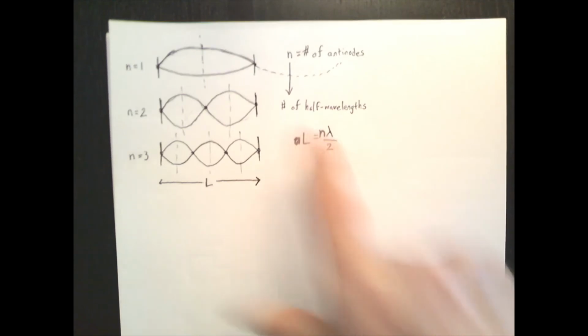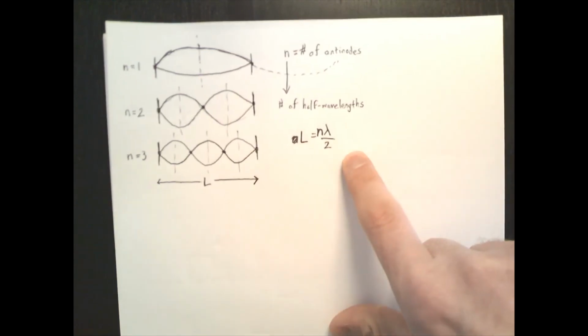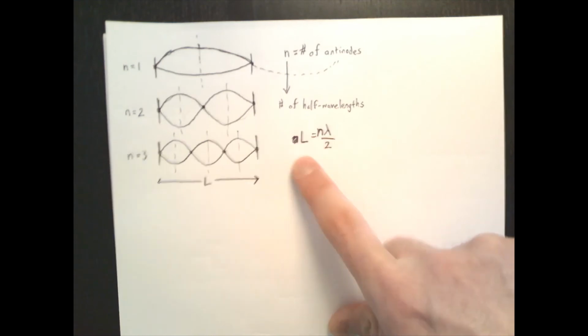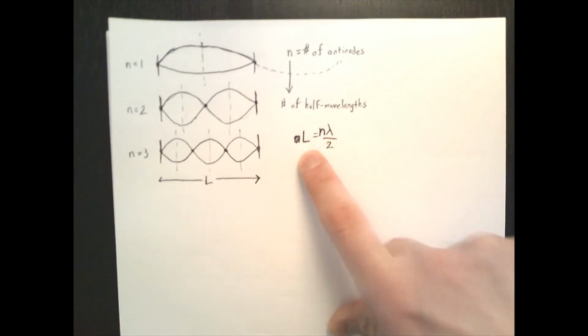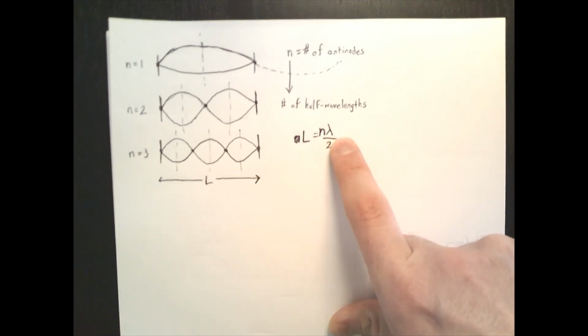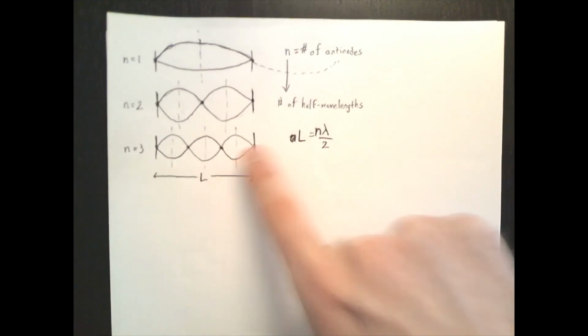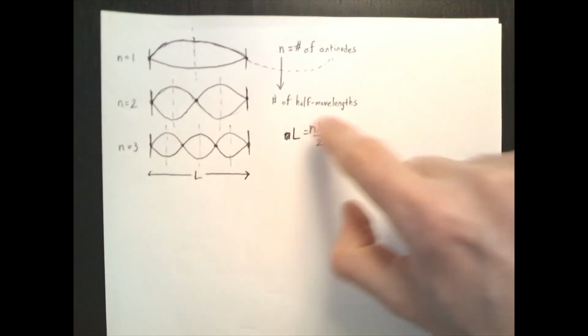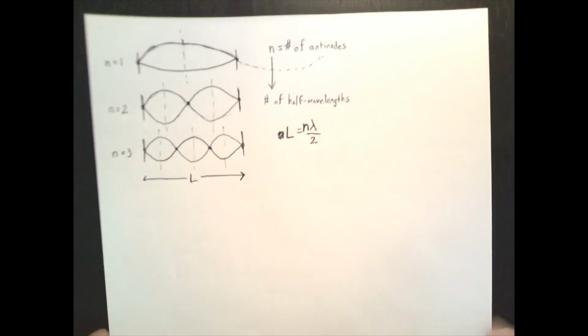In our n equals 1 case, it's exactly a half wavelength of that frequency. In the n equals 2 case, L is exactly the wavelength of the system. Here we have 3 half wavelengths, which is exactly 3/2 wavelengths.